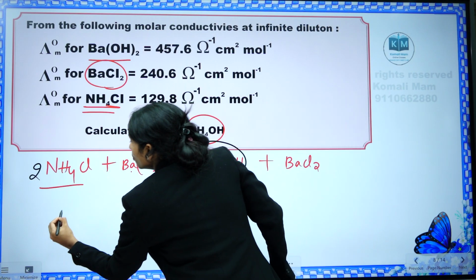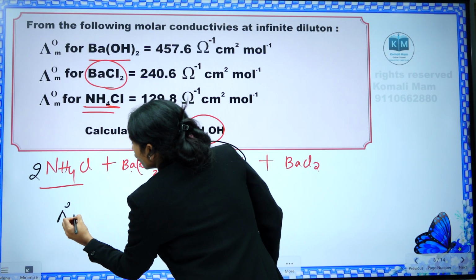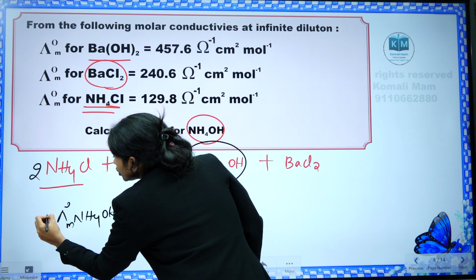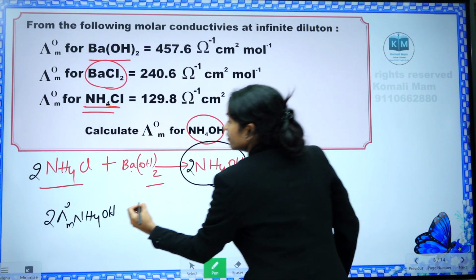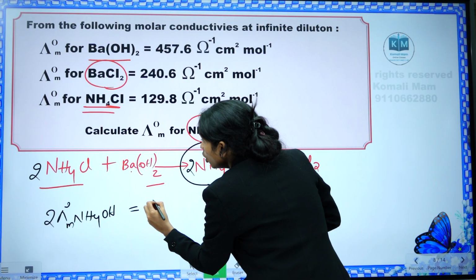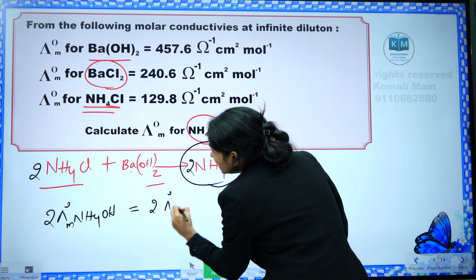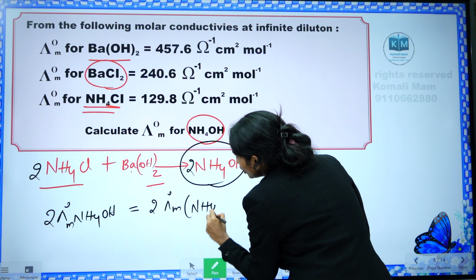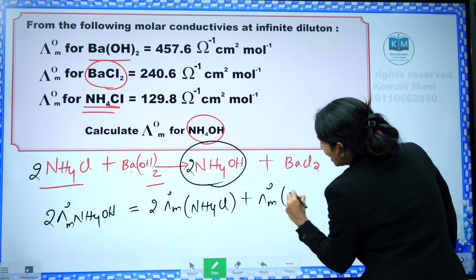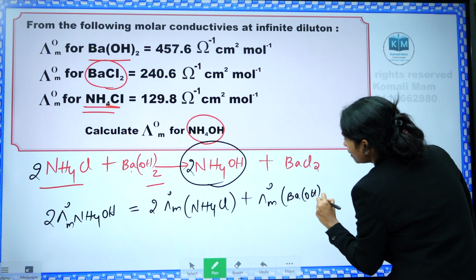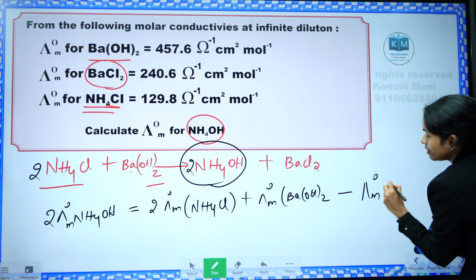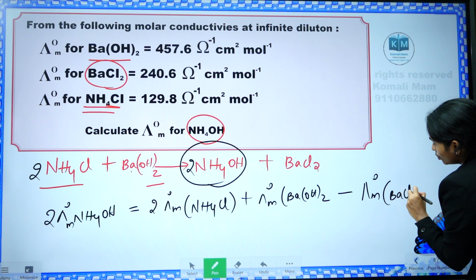Now, molar conductivity of NH4OH. 2 moles are there in this reaction, which is equal to 2 into molar conductivity at infinite dilution of NH4Cl plus molar conductivity at infinite dilution of barium hydroxide minus, since barium chloride goes that side, minus BaCl2.